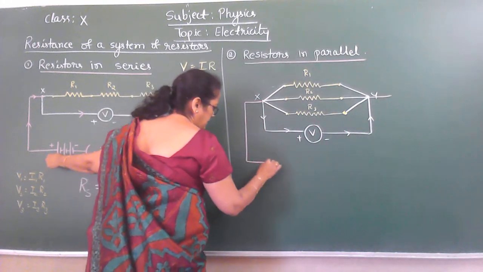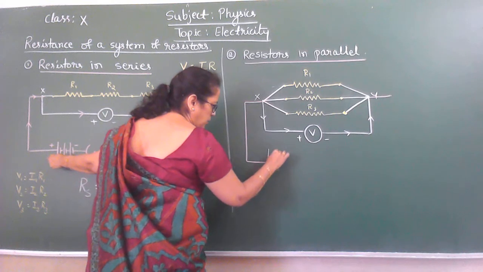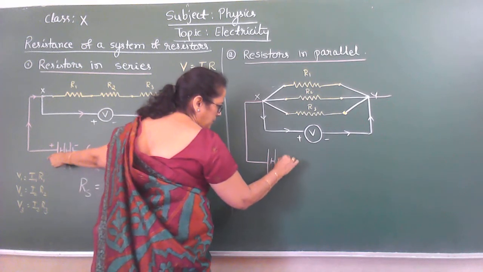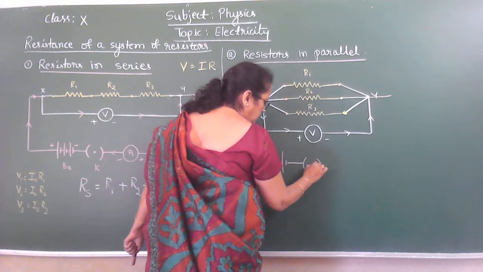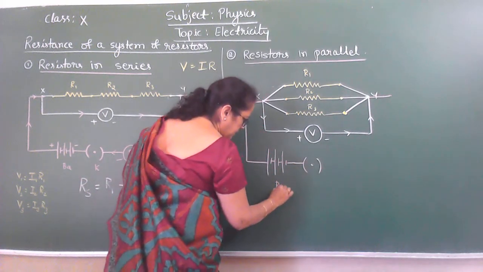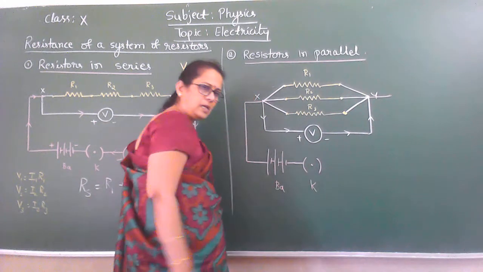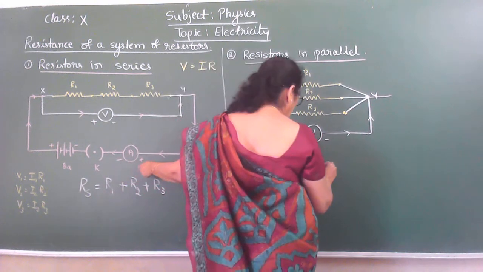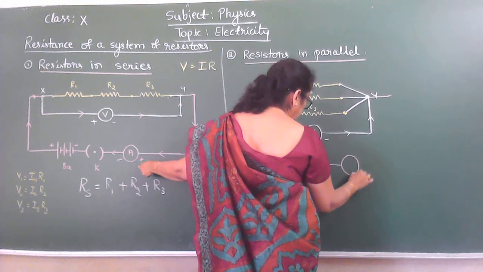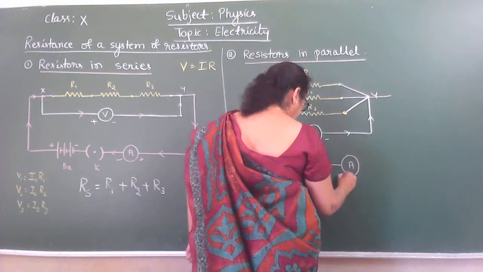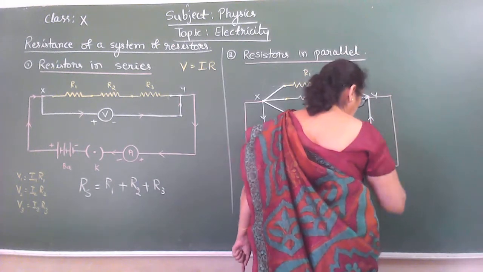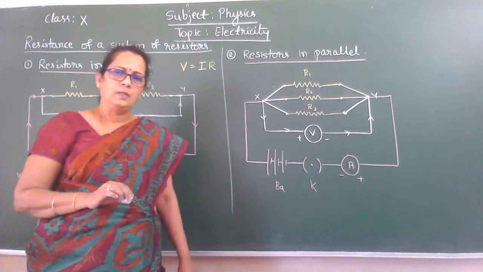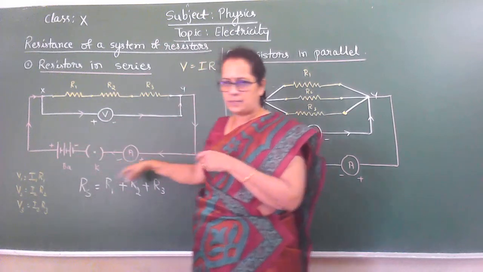That is a battery, one big and one small, and a key, this is the battery and this is the key, and another same thing, the ammeter. So again positive, negative, join this. The other things are the same.